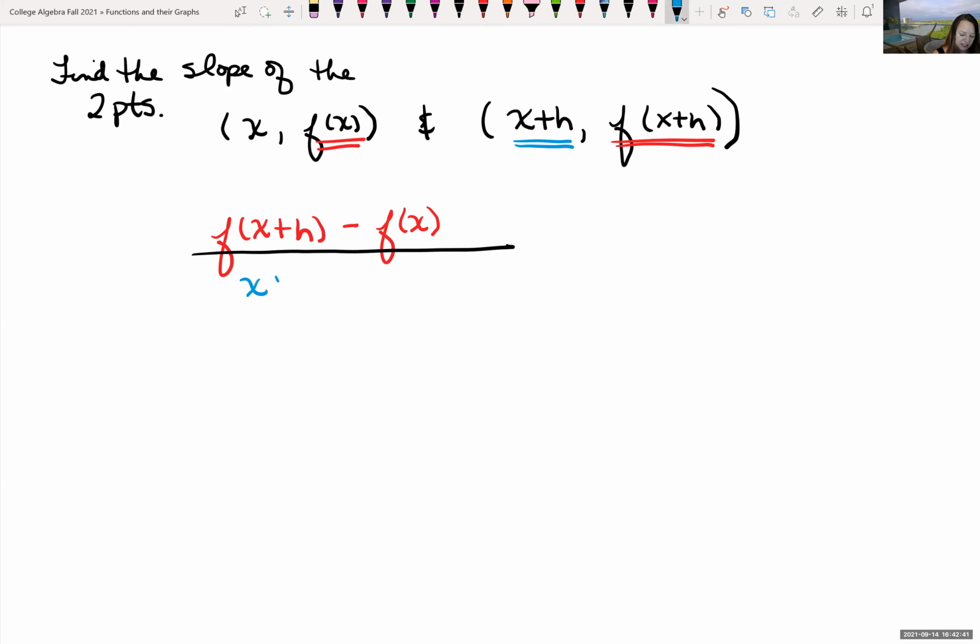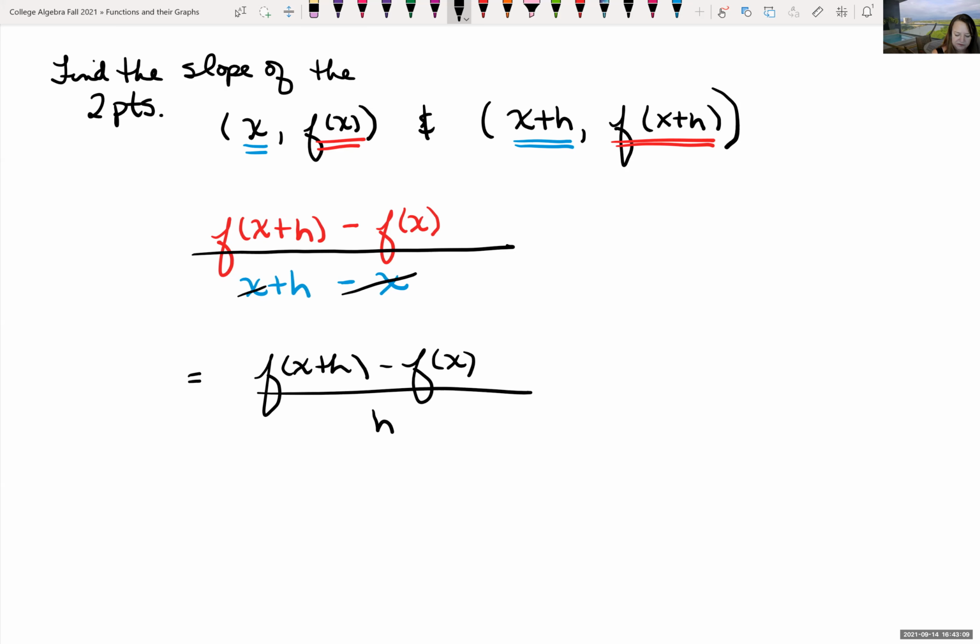So x plus h minus x. Notice if I simplify my denominator, I have like terms x minus x, so those cancel. I can't simplify my numerator, so I'm just going to leave it as f of x plus h minus f of x all over h.